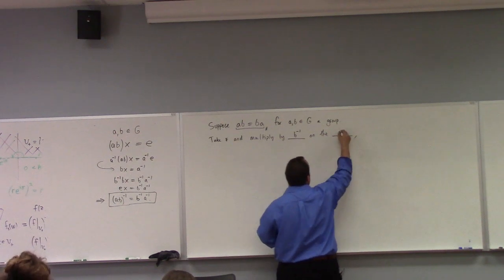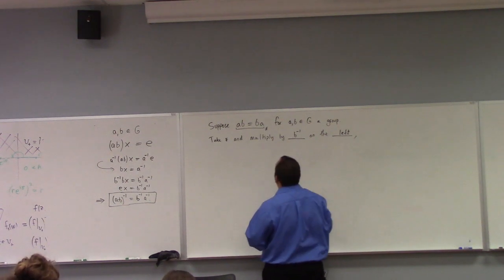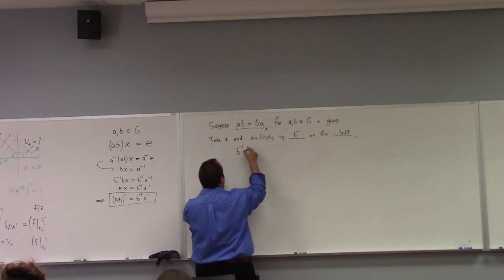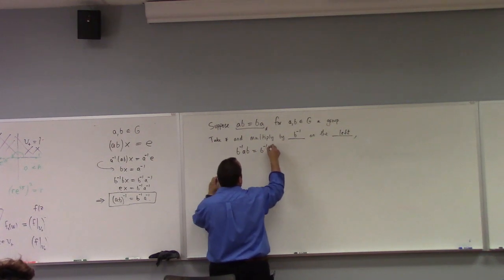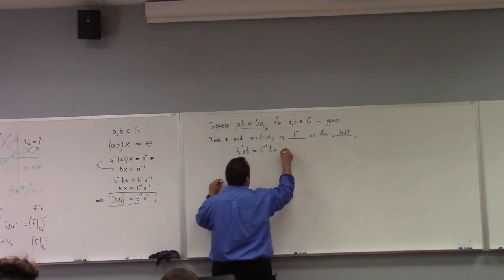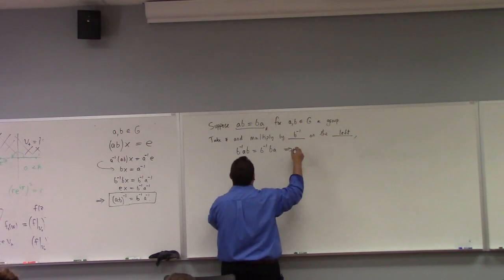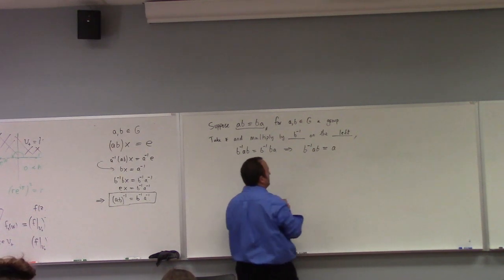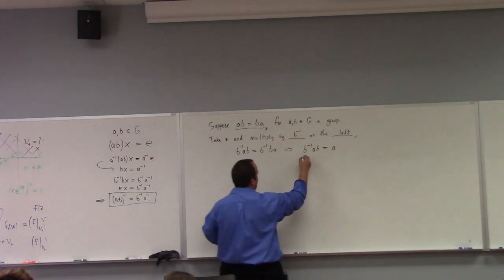B inverse on the left. So if we do that, what do we get? We get B inverse AB equal to B inverse BA, which of course implies that B inverse AB is equal to A. Let me call that star star.